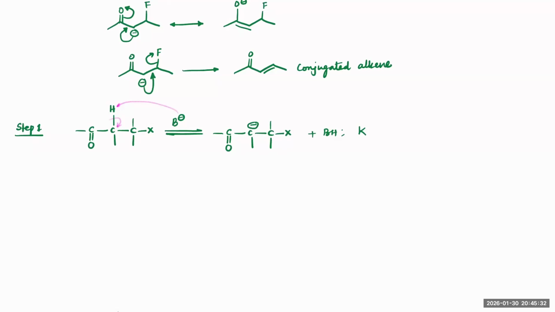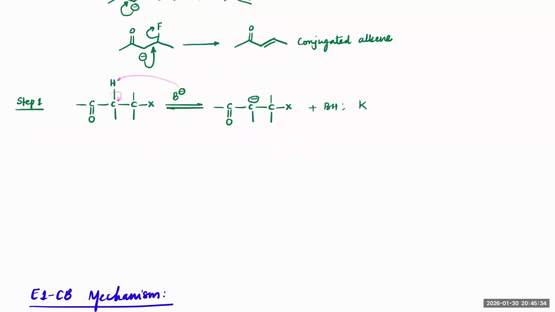We would have this as the K value. The base will extract H plus and you will get this. It is acting like an acid and this is the conjugate base.